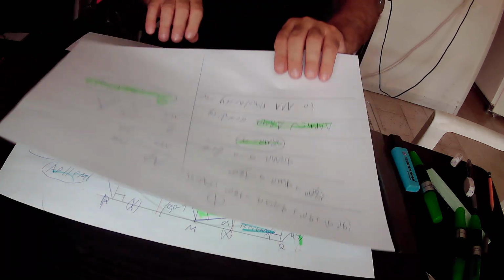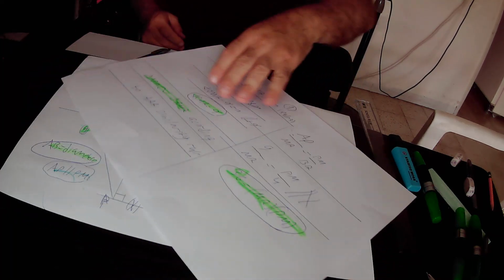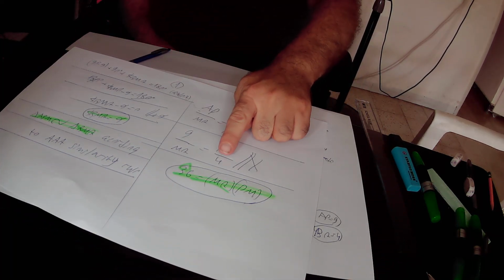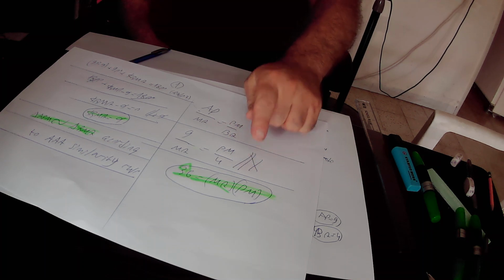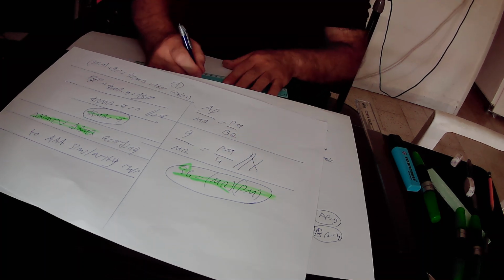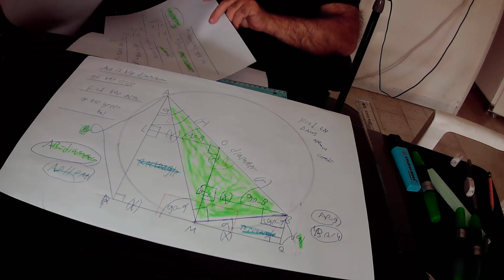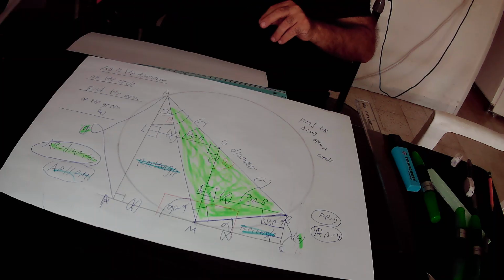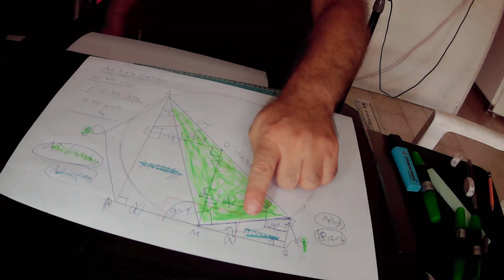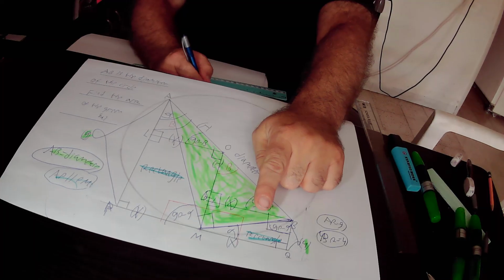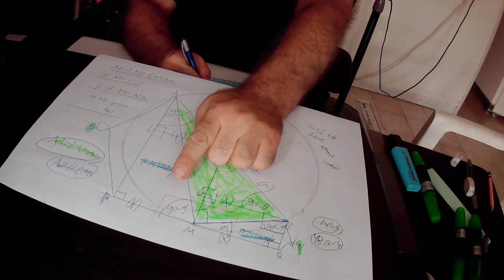We already found out that 36 equals MQ times PM. So MQ times PM equals 36. MQ is x, times PM is also x.